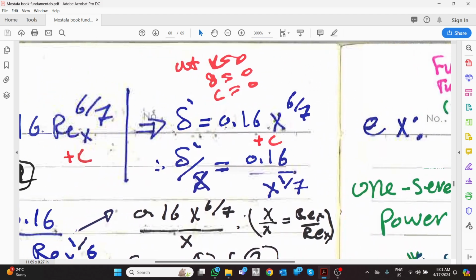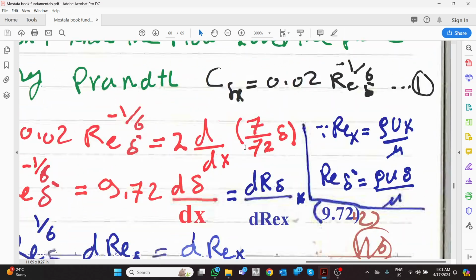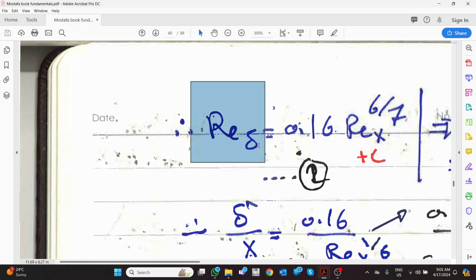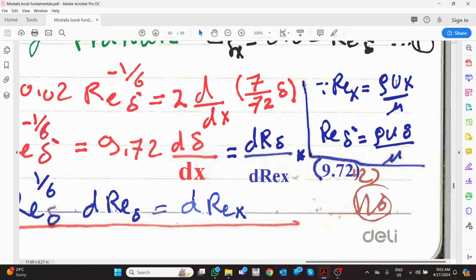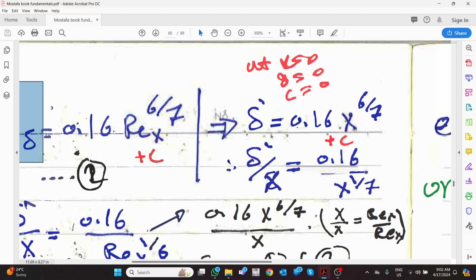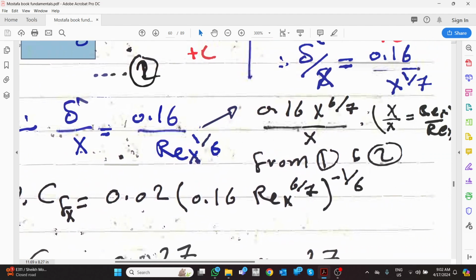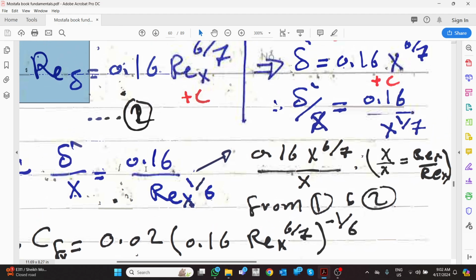Okay, so from this equation, we know that Rx is like this and R delta is like this. If we put the two in the same equation, x to this power is equal to this one. So delta dash is equal to this one. Which means you can get an equation of delta dash over x in terms of Reynolds number.